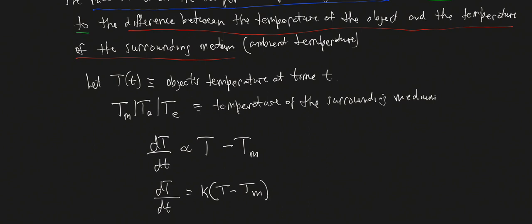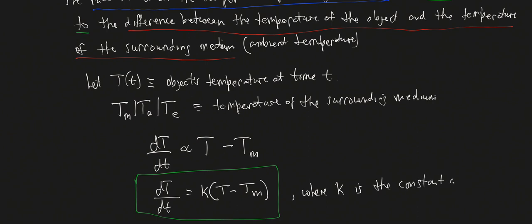And this is our formula, right? And we know that k is the constant of proportionality.